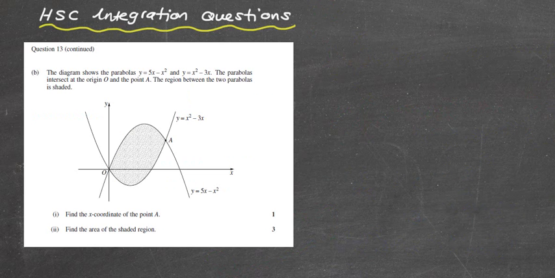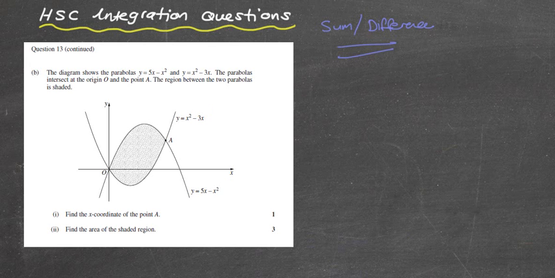This is an area question, obviously, for integration. This is where we have 2 different graphs going on. So most likely, in terms of the lessons that I've shown you, think about the sum and difference of areas. That's where we're going to be going with this question. The diagram shows the parabolas y equals 5x minus x squared and y equals x squared minus 3x.